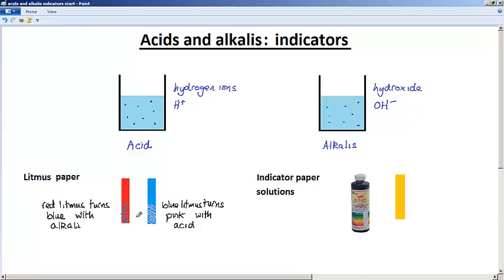Now, these are useful in establishing whether something's an acid or an alkali, but they don't tend to be very good at telling us how strong or weak the acids or alkalis are. We will commonly find in chemistry laboratories nowadays another type of paper called indicator paper, which is this yellow paper, and this also comes in a solution. It uses more sophisticated chemicals than the litmus paper, which are able to change a whole multitude of colours according to whether the acid is strong or weak.